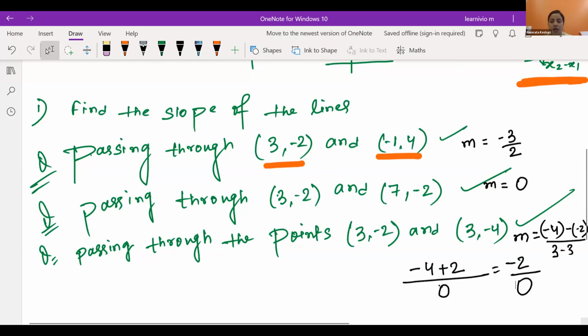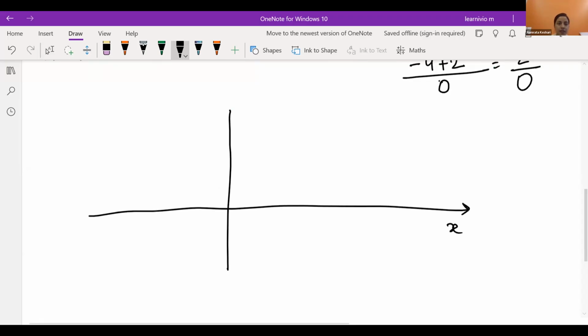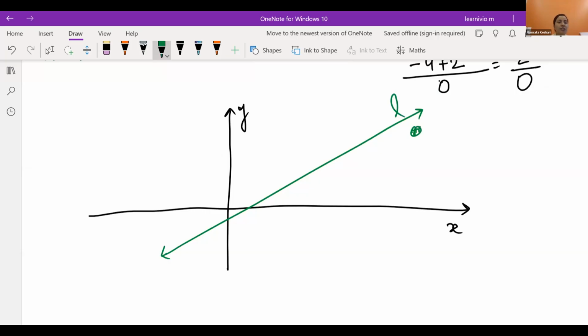At first, Aisha, slope means when we are having coordinate axes like this, x-axis, y-axis. Okay. If you are having a line, maybe a line L. So slope means we are checking what is the inclination of this line with the positive direction of x-axis.